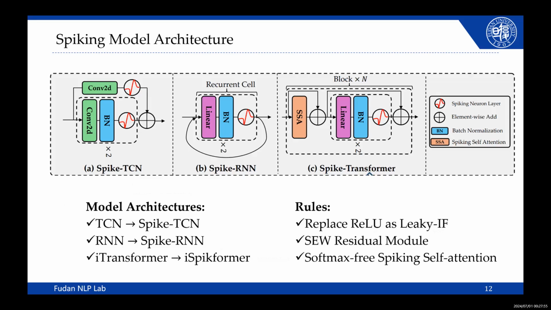Replace ReLU with LIF neuron, and use SEW, which stands for spike element-wise residual module, and softmax-free spiking self-attention. It's worth noting that for the spiking transformer, we choose Spikformer, which is accepted by ICLR 2023.